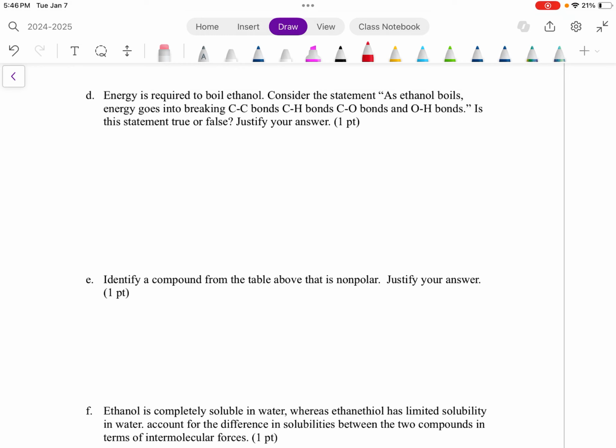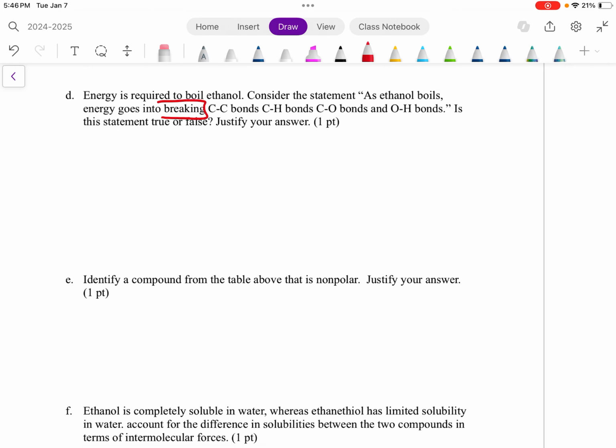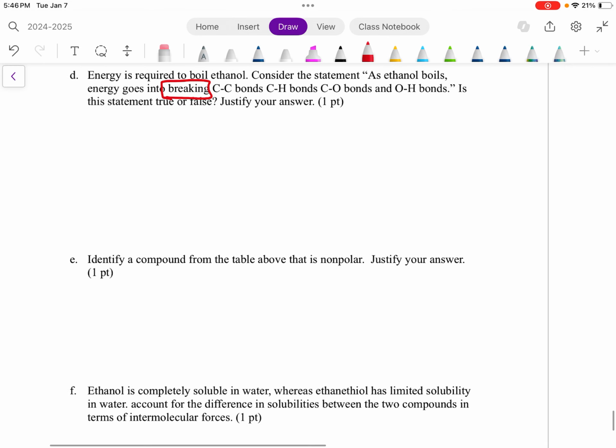Okay. Energy is required to boil ethanol. Consider the statement: as it boils, energy goes into breaking the bonds. Is this true or false? This is the key word in the entire thing. This is false. Boiling is a physical change. There are no bonds being broken here.